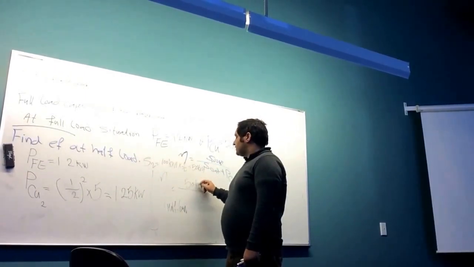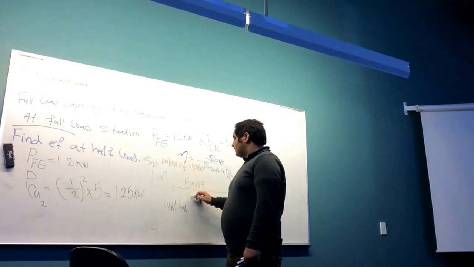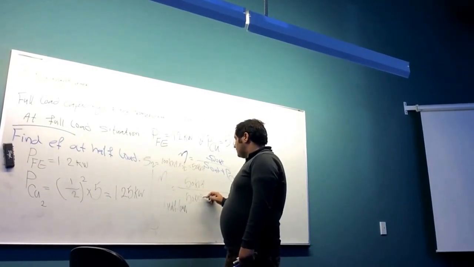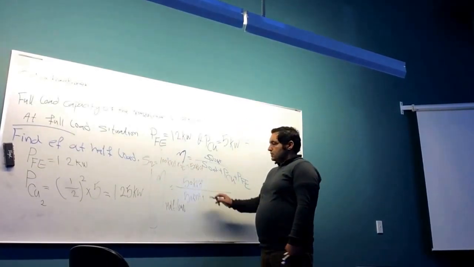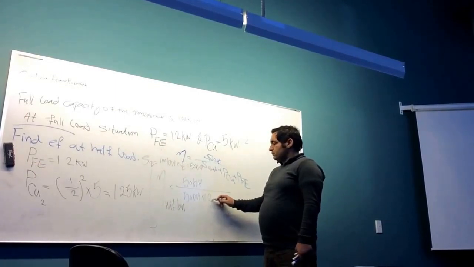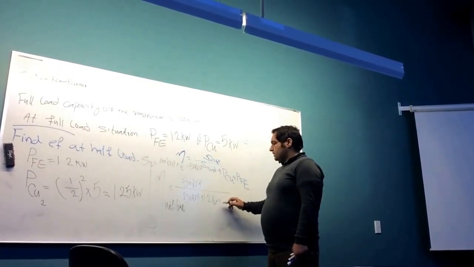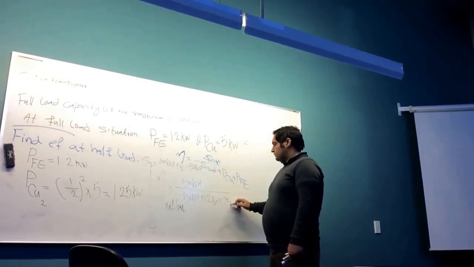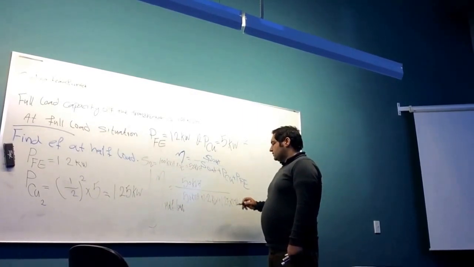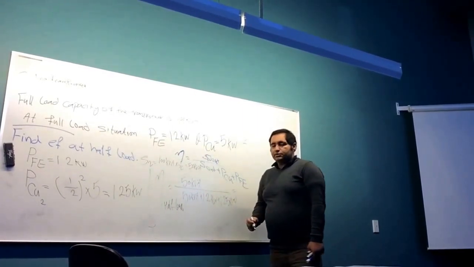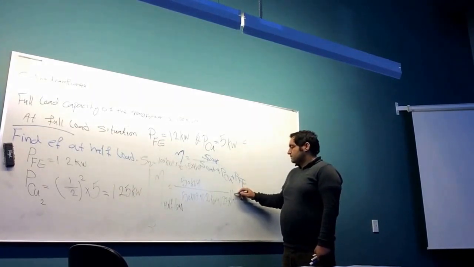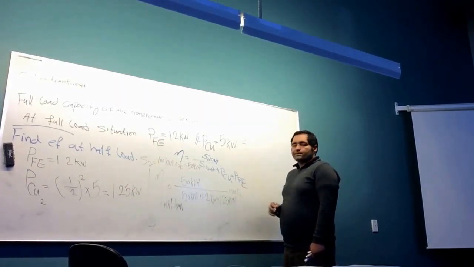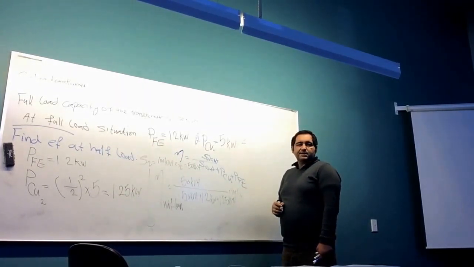So 50 kilovolt ampere over 50 kilovolt ampere plus 1.2 kilowatts plus 1.25 kilowatts, times 100%. And the answer is how much? Around 96%, 95%.